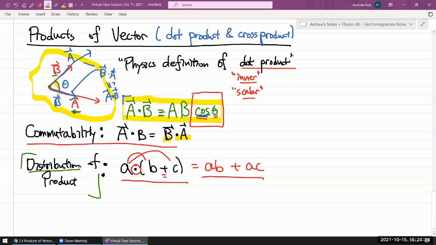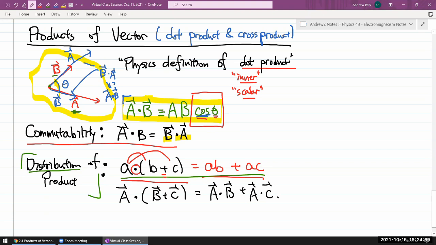The fact that we call it a product is the hint that the property that I outlined here also holds for vectors. So imagine this: if you have vector A multiplying the sum of vectors B and C, you can distribute this as the product A dot B plus the product A dot C. And this property is going to be useful as we look at some of the consequences of this physics definition of dot product.